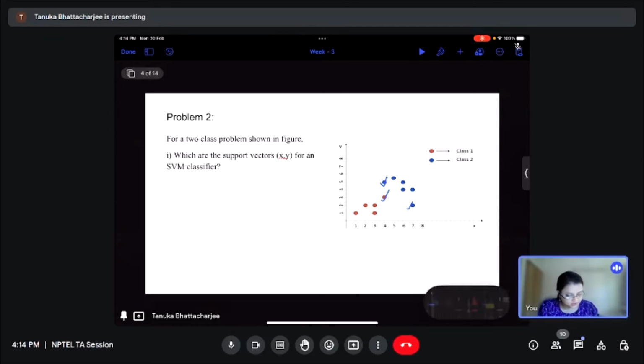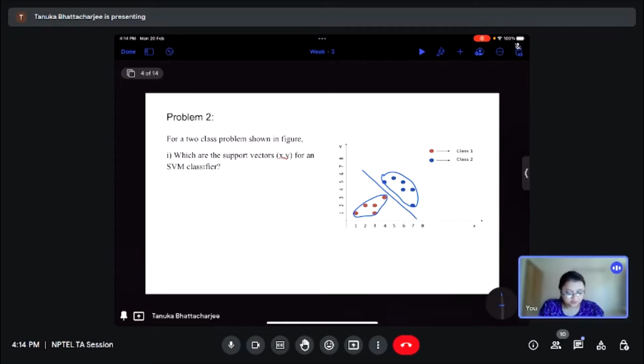I'll explain in case anyone has any doubt. Here the decision boundary, this is one class and this is another class. Your linearly separating decision boundary or decision surface should go somewhere in between the 2 classes. Whatever point is nearest from each class to that decision surface, that is the support vector.